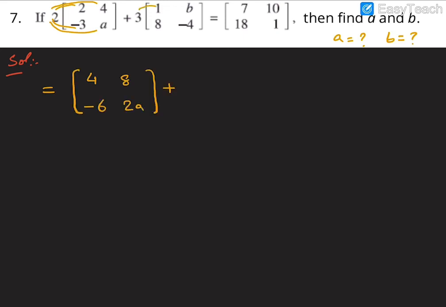Now 3 will multiply with each element. So 3 times 1 is 3, 3 times B will be 3B, 3 times 8 is 24, and minus 12. 4 times 3 is 12, is equals to 7, 10, 18, and 1.